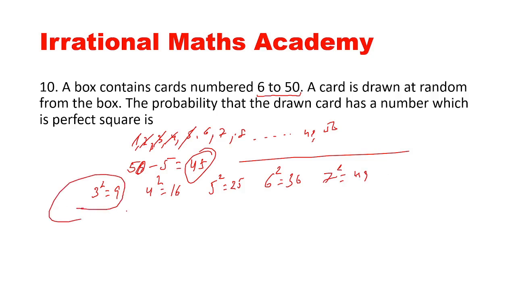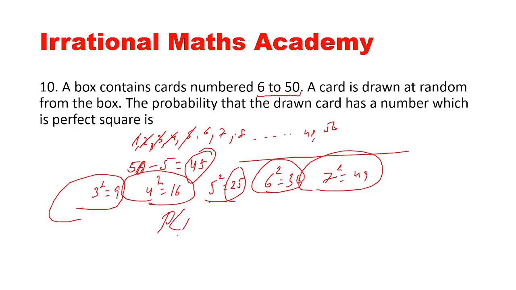So 1, 2, 3, 4, 5. So how many perfect squares are there between 6 and 50? So probability of getting perfect squares between 6 and 50 is 5 by sample space, which is how much? 45. Here many students make a mistake.